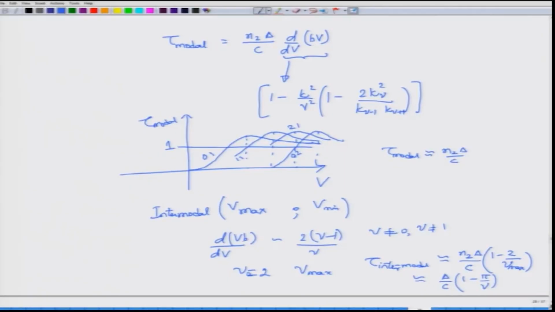So, this is an expression for intermodal dispersion, but for single-mode operation there is no intermodal delay because there is only a single mode. In that case you are dealing with intramodal dispersion, which also can be obtained with some approximations that we are not going to discuss now. So, the net effect is that dispersion in optical fibers comes from the material and from the waveguide itself.